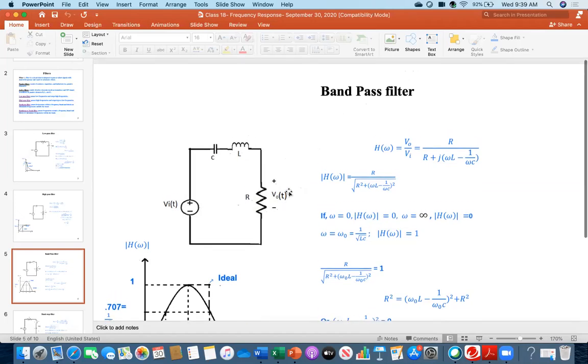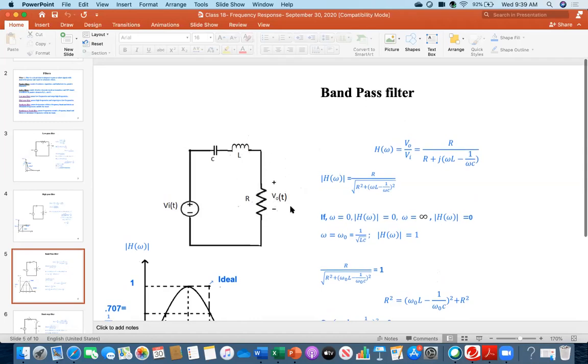So everybody look, for this circuit, again your goal is the same: find the transfer function. So look, V naught over Vi, but in this case you are taking the output across R, that's why R is here. And then in the denominator, your total impedance. What is the total impedance?